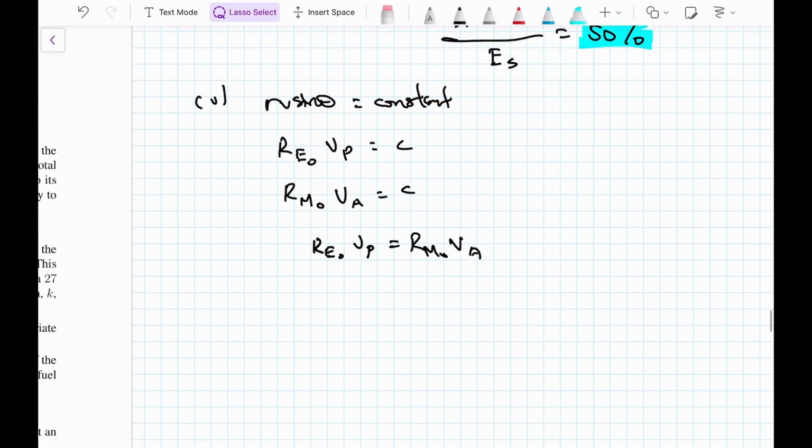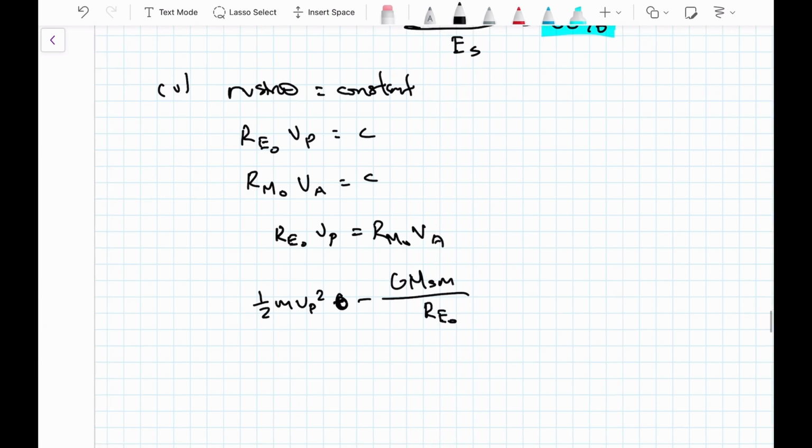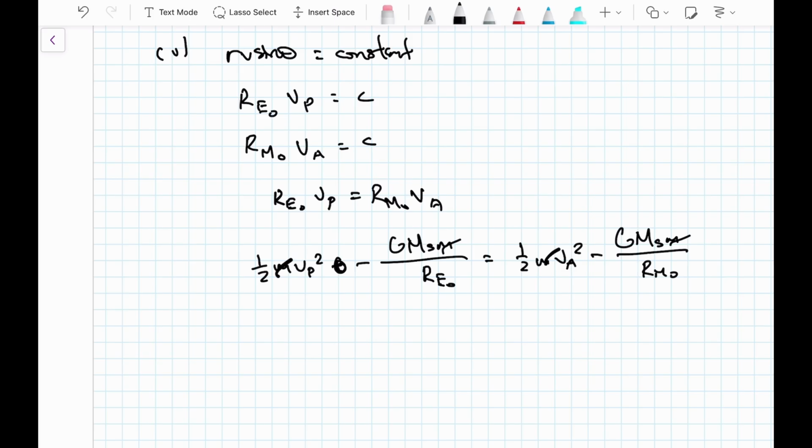At point P, the total energy is equal to a half m VP squared minus G MS m over REO, and this is equal to a half m VA squared minus G MS m over RMO. And then we can cancel out all the m.